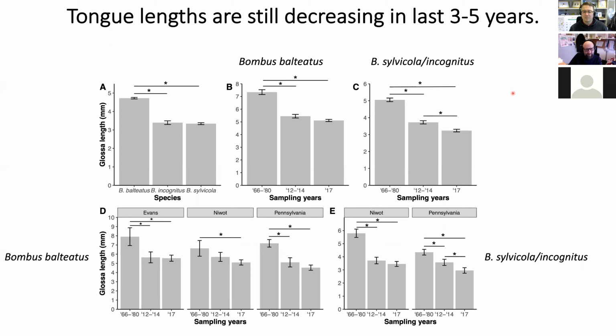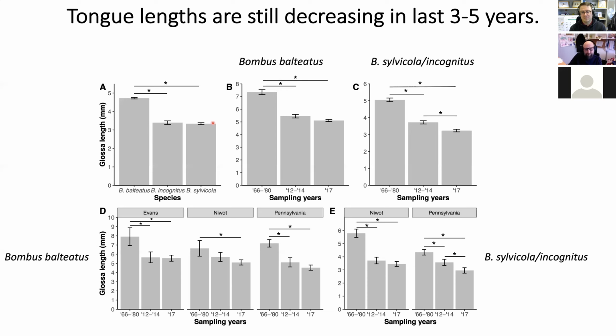Just before I get into that, what you can see here is that before we thought there was only Bombus sylvicola. Now we think there's an additional species, but those are not different in the tongue length. So it seems that differences in their abundance are unlikely to affect these analyses.